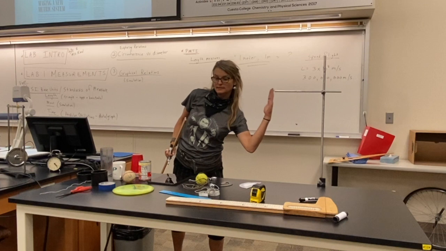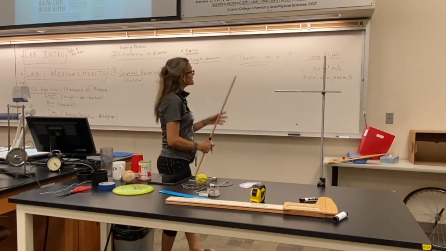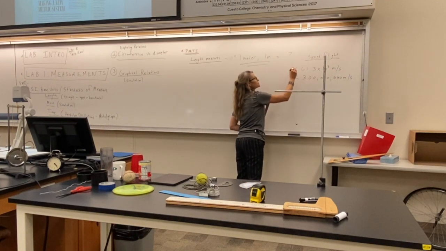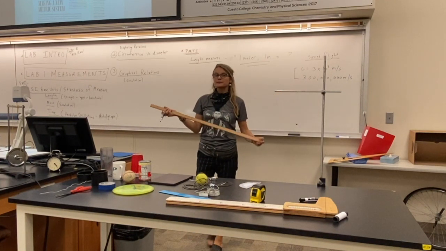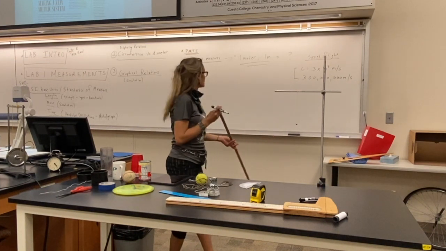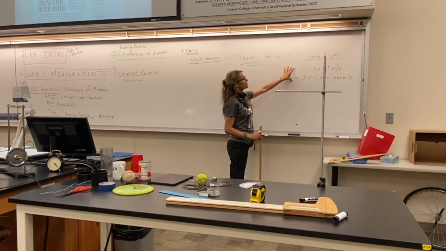That's how fast light travels. So the meter is based on this speed of light, which is a universal constant. What we know so far in our universe is nothing travels faster than the speed of light. So this is a constant, and we can base a length measure off of this.